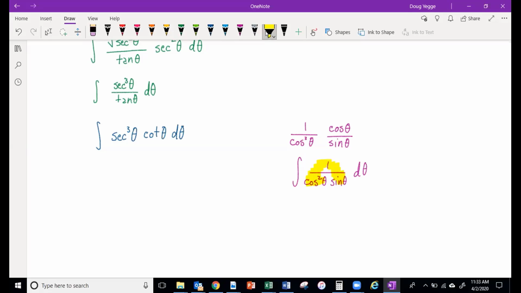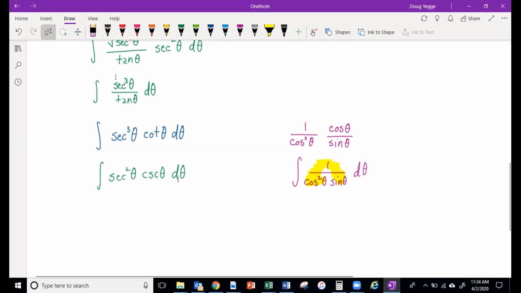So that's maybe a possibility. So why don't we rewrite this as the integral of secant squared theta times cosecant theta d theta. So it looks maybe a little bit better.